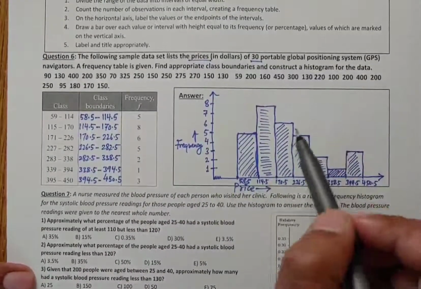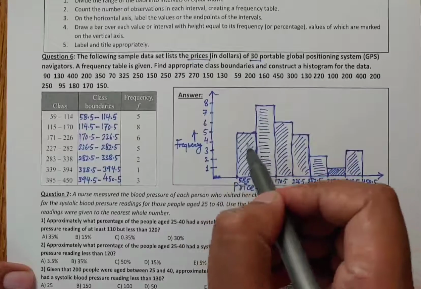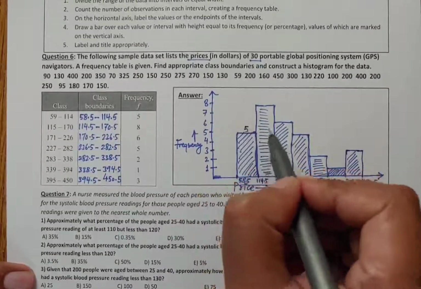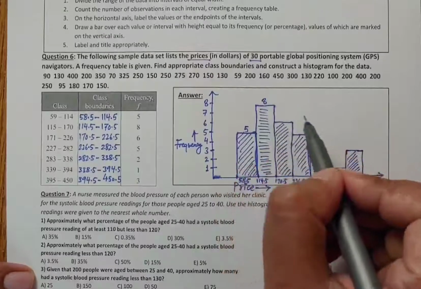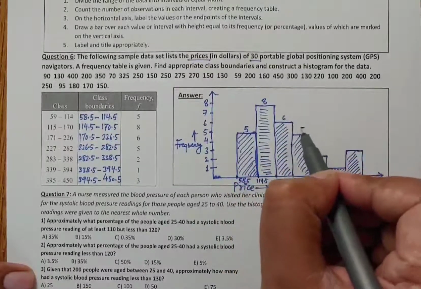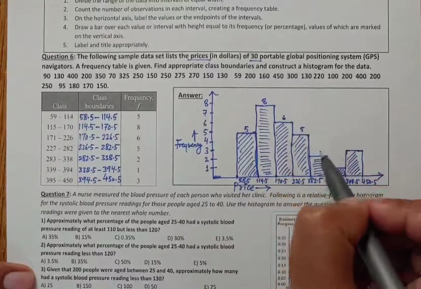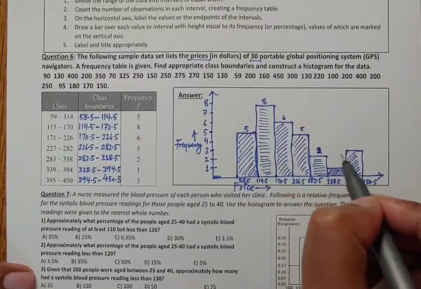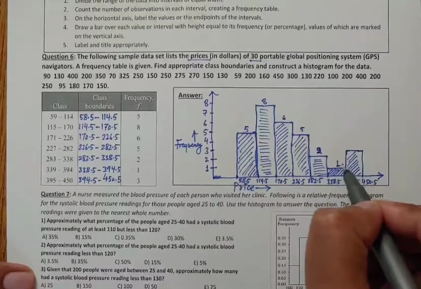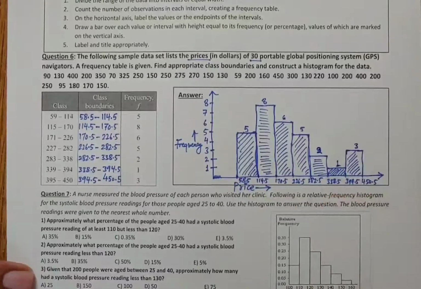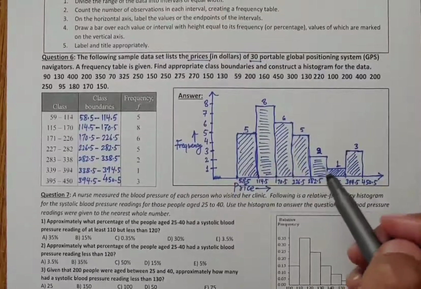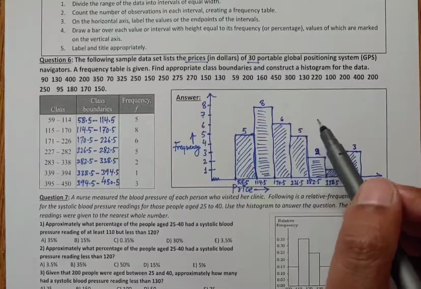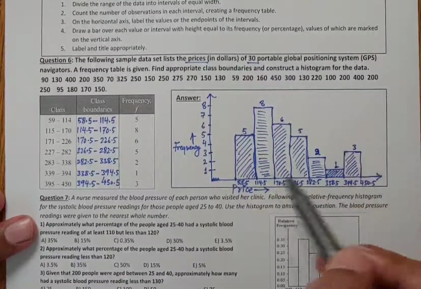If you want, you can write the frequency numbers on top, like this is 5, this is 8, this is 6, this is 5, this is 3, this is 2, this is 1, this is 3. You can write these numbers like this, or it is not required. Just to indicate that these are the heights of each bar.